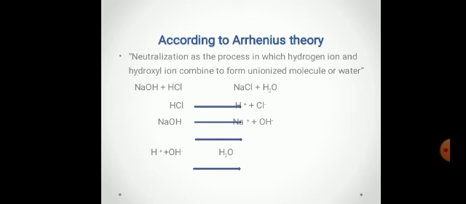First the acid dissolves in water and produces H plus and Cl minus ion. Then the base dissolves in water and produces Na plus and OH minus ion. Then the H plus and OH minus ion combine together and form a water molecule. So this is all about Arrhenius theory.